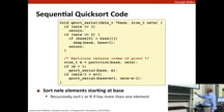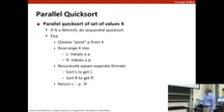And if there's more than one element in the right-hand side, you sort that. And when all these recursions are done, then the array is sorted. So pretty typical code, and we won't go in. The trickiest part of writing the code is how to make this partitioning go fast, but I won't go into that. Just imagine it happens.